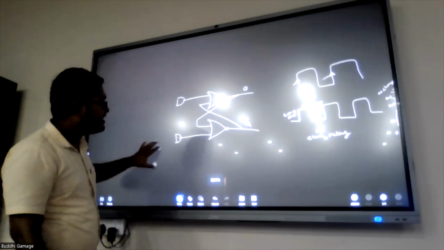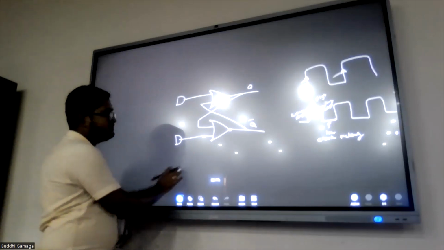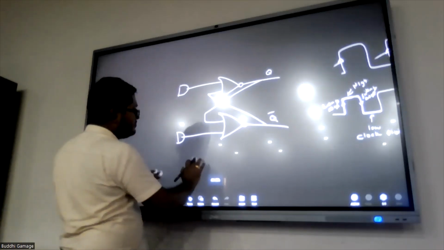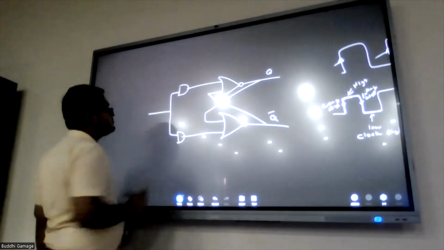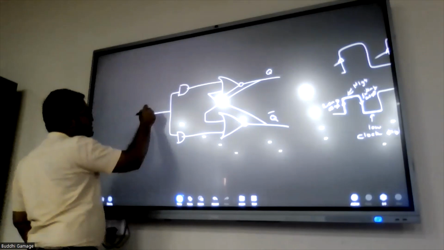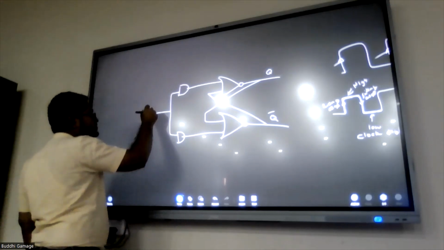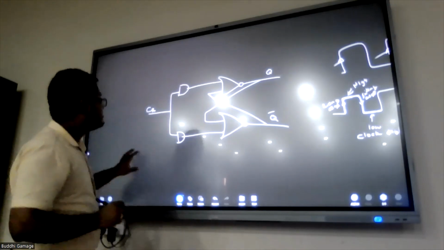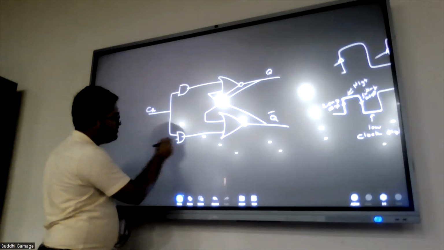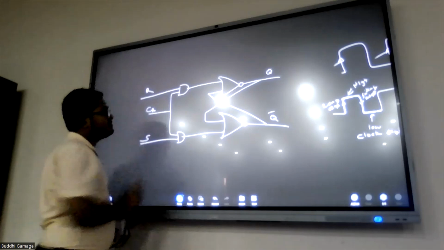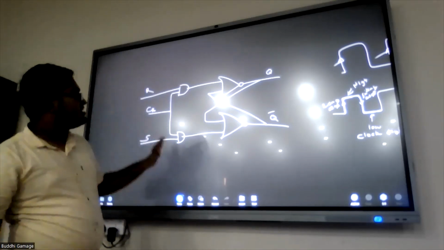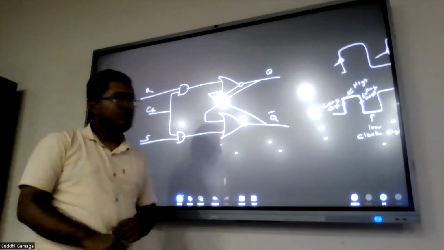That's why we are integrating 2 AND gates. So this is our clock, normally known as C. This is S and this is R. So this is the SR flip-flop, right?